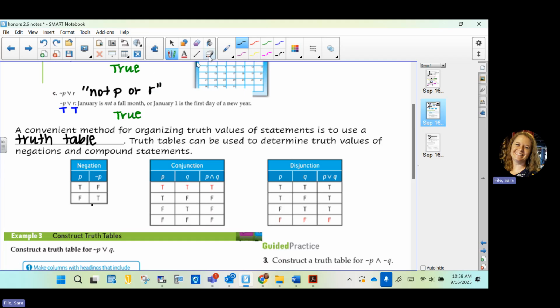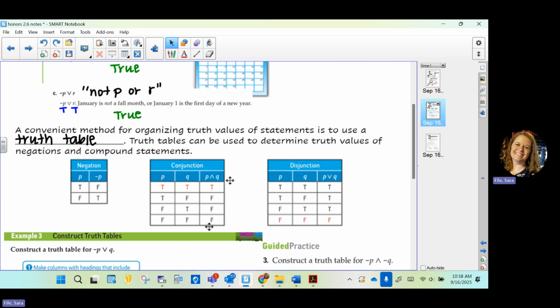Okay. Now, if we are dealing with a conjunction, we'll have our two statements. So I have my P column and my Q column. Here are all the possible combinations of P and Q. They could both be true. P could be true and Q false, or vice versa, P false, Q true, or they both could be false. So we have four possible combinations.